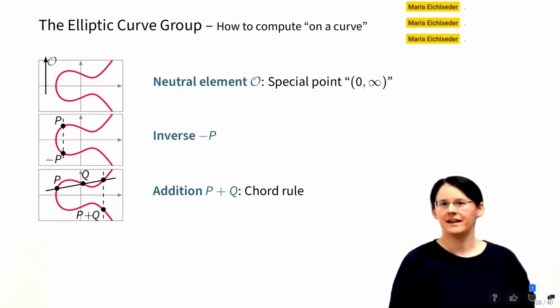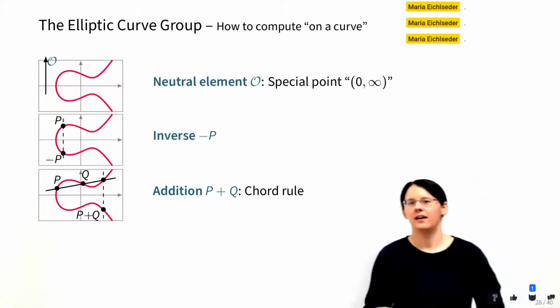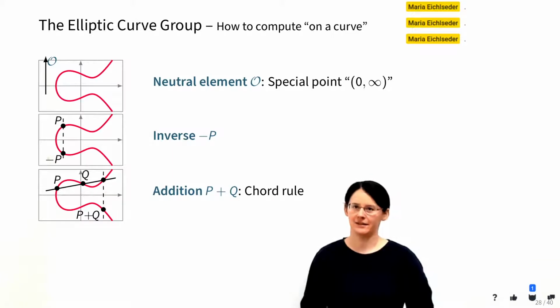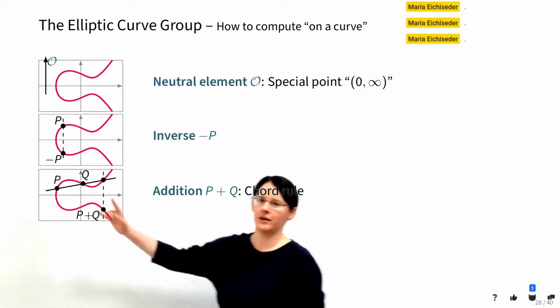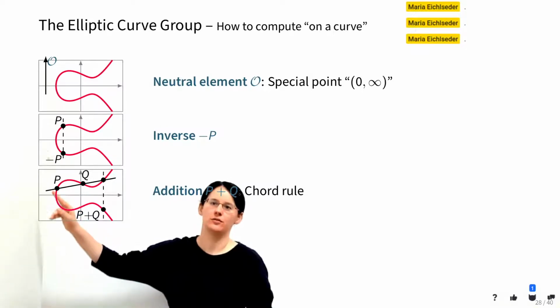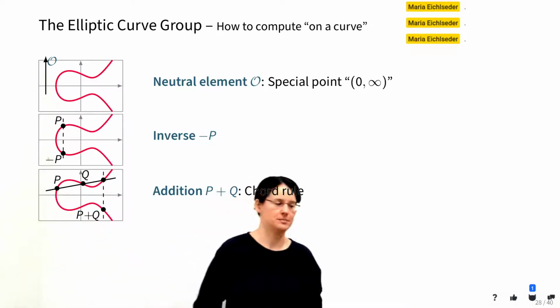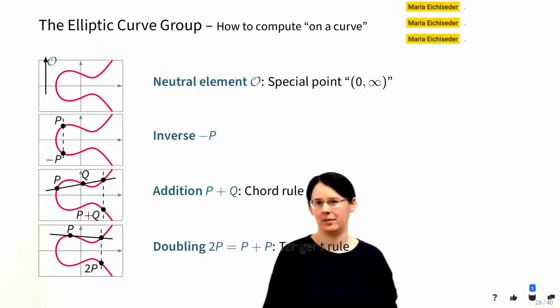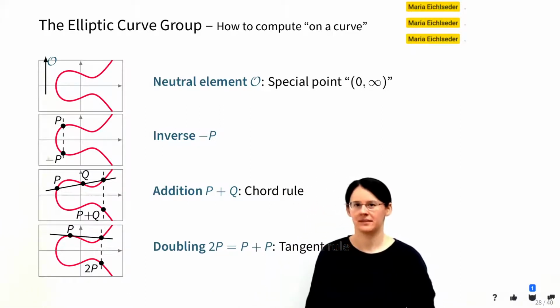There is now one case that we haven't covered yet, or where this rule doesn't exactly apply, and that is if we try to add 2 points which are actually the same point. So if we compute P plus P, this is also called doubling for obvious reasons.